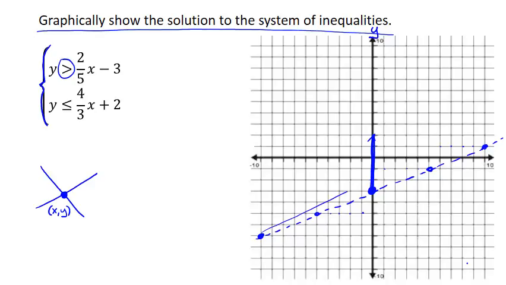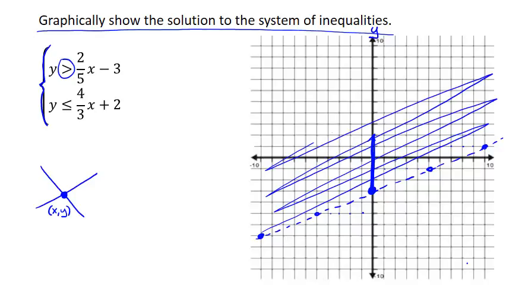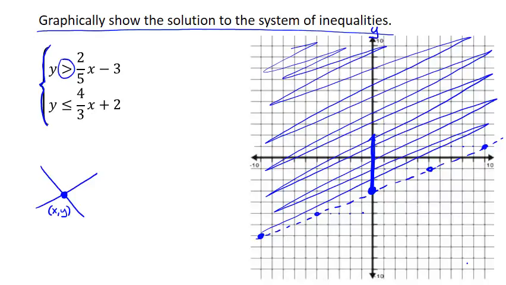That means everything up here is part of the solution to that inequality. In other words, every single point in that region that I just shaded is a solution to that first inequality. Any xy coordinate point will make this first inequality true. Any xy coordinate point below that dashed line that I drew will not work in this inequality.